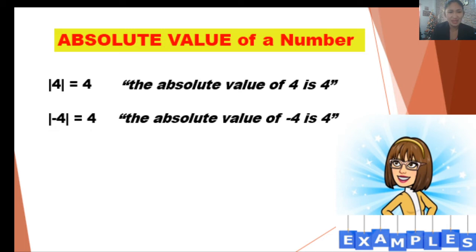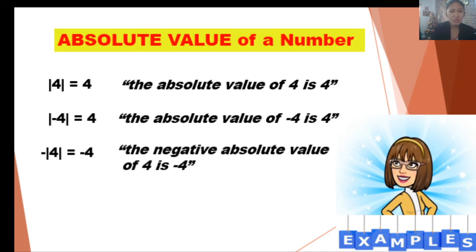How about this? Negative absolute value of 4 is negative 4. Why is it negative 4? It's because the negative sign is outside the absolute value of 4. The first thing that you do is to find the absolute value of 4. That is 4. Then you multiply it by the negative, so negative 4.